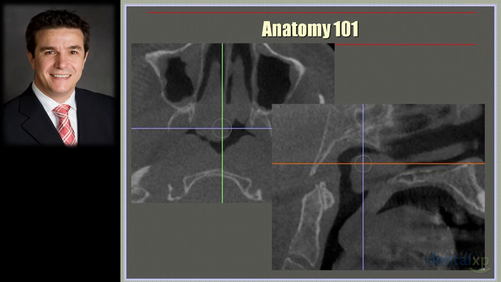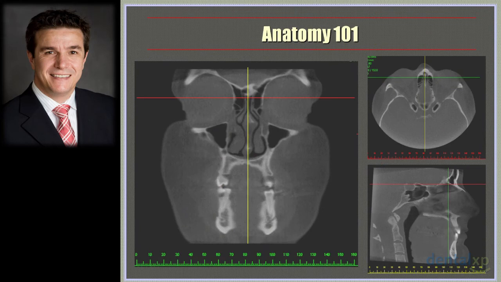This was a large nasal polyp causing significant sleep apnea in this patient, and it was diagnosed on a cone beam CT scan for a dental implant assessment. So knowing your anatomy, as I mentioned to you, is really going to contribute to providing a better service to your patient, simply because it will improve your diagnostic efficiency significantly.